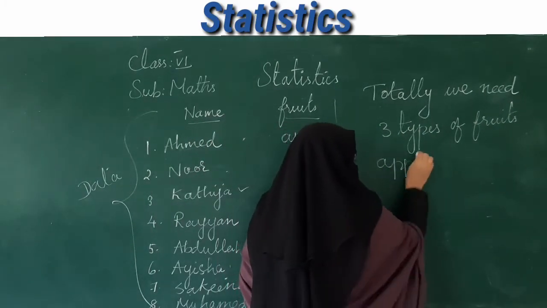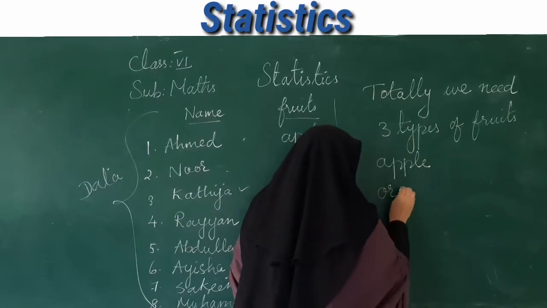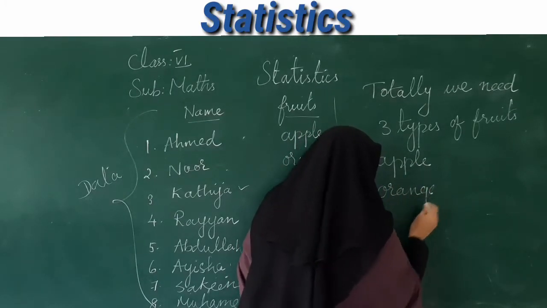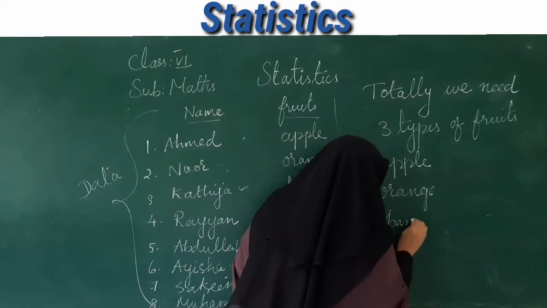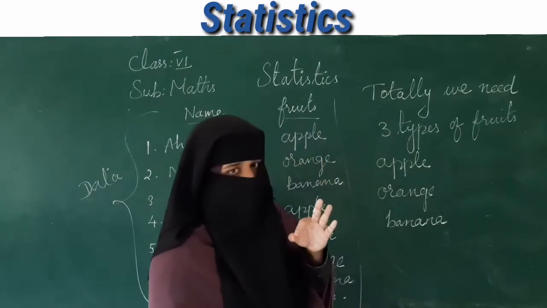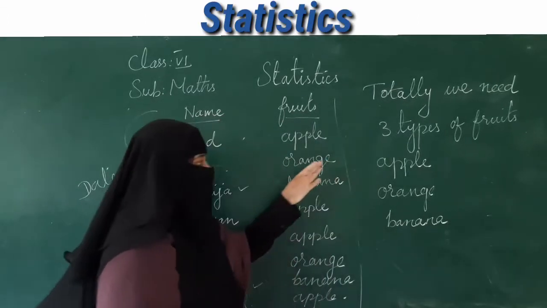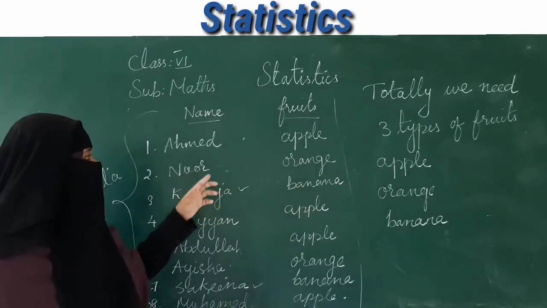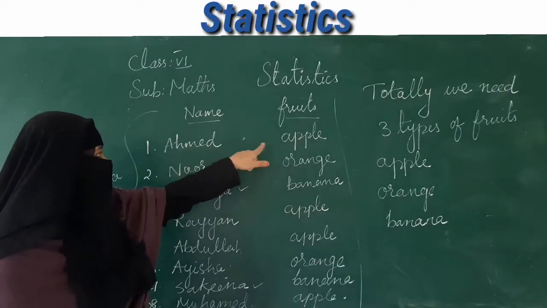What are they? Apple, orange, and banana. See, 3 types of fruit: apple, orange, and banana. 3 kinds of food we need.